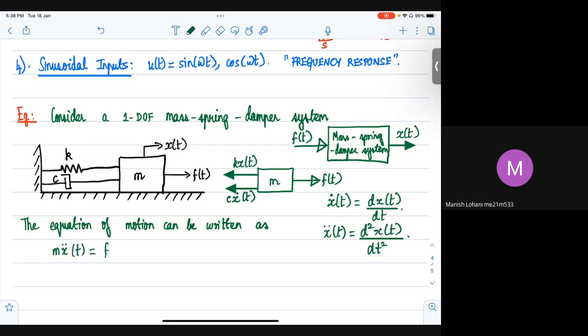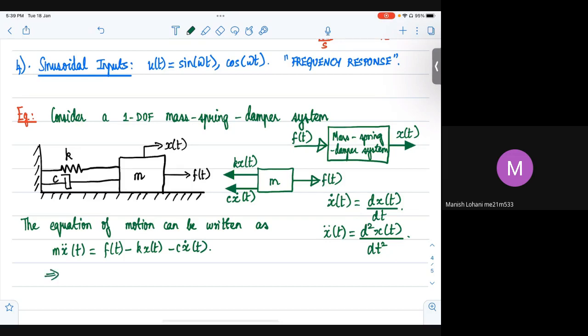That's the mathematical statement of Newton's second law of motion. So the net force is going to be f(t) minus kx(t) minus c x dot(t). Why am I putting the minus sign? Because you can see that the forces are in the opposite direction to that of F.